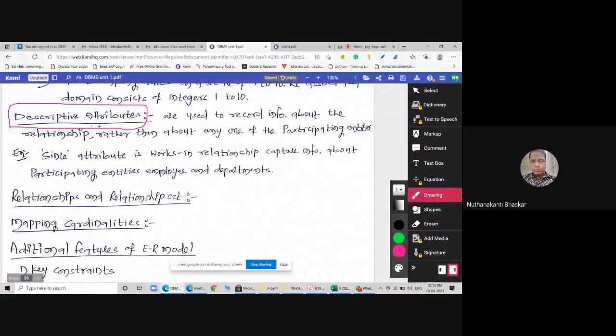What is the meaning of descriptive attribute? The attribute which is having a relationship, that is called a descriptive attribute. For example, I will draw one ER diagram: Employee works for company.